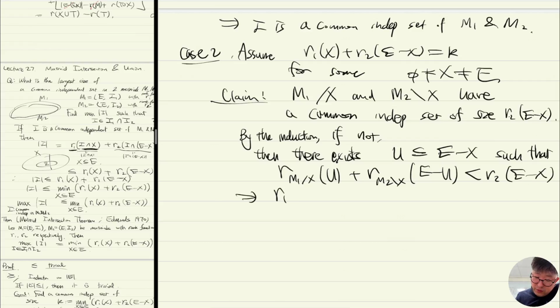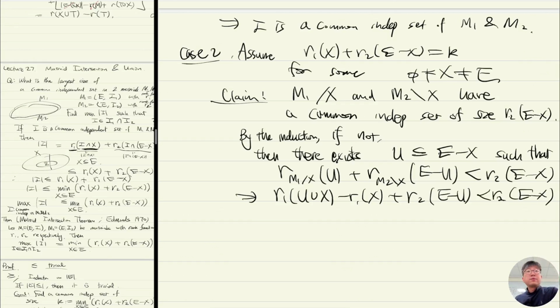So what does that mean? This is R1 of U union X minus R1 of X. This is R2 of E minus U. Let me continue.